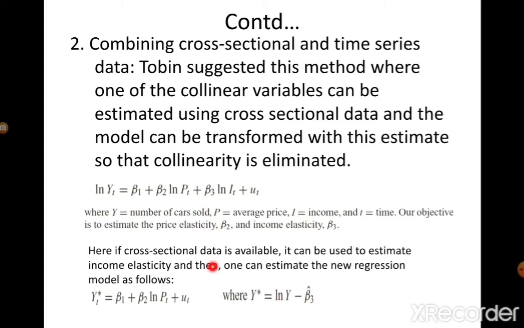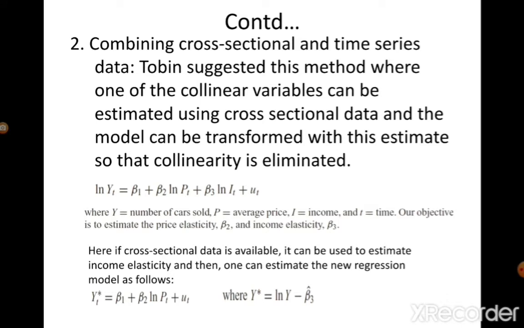So if cross-sectional data is available, you can estimate income elasticity from that and estimate a new regression model of this sort, where yt star is equal to beta 1 plus beta 2 log of price pt plus ut.